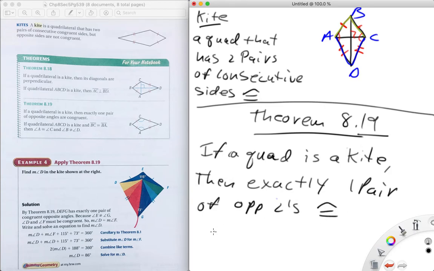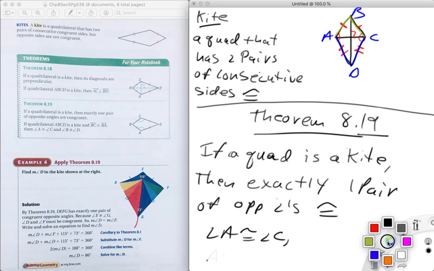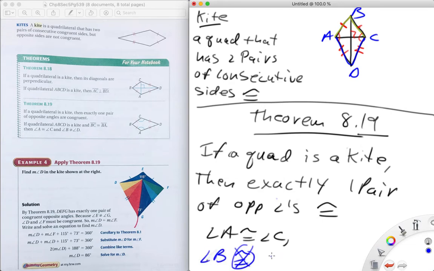So in this case, angle A is congruent to angle C. However, angle B is not congruent to angle D.